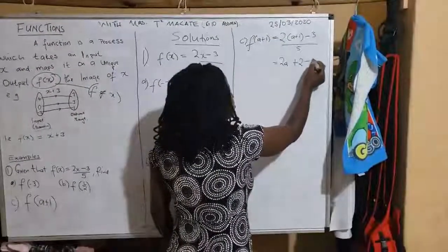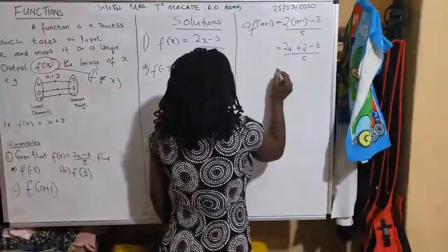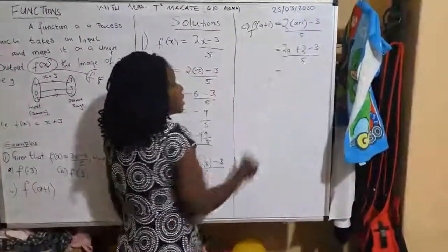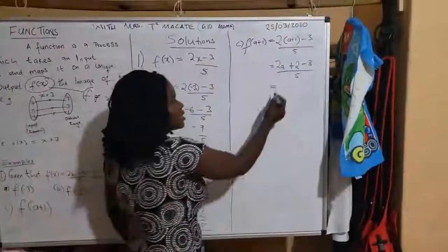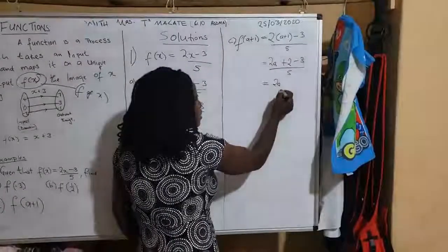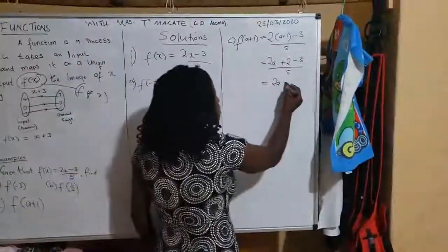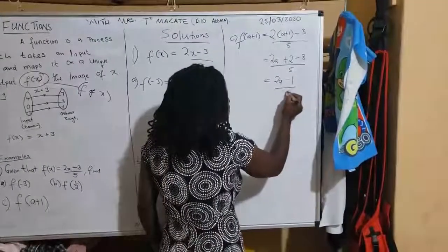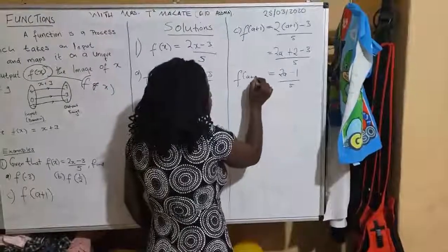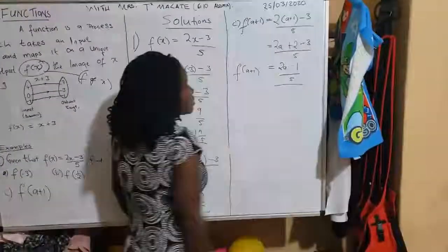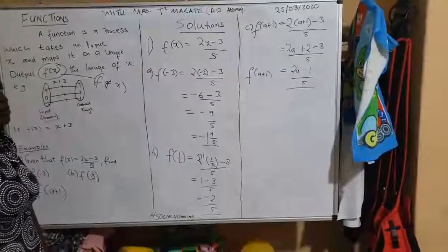We have minus 3, over 5. So 2a, there's no other term with an a, so we leave it as it is. And 2 - 3 will give us negative 1, over 5. That expression there, (2a - 1)/5, is our answer for f(a + 1).